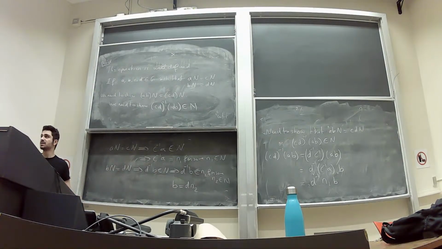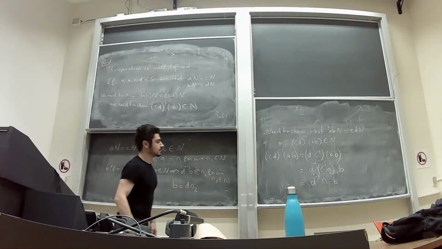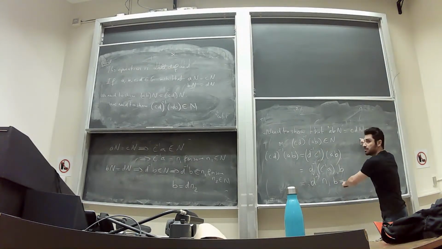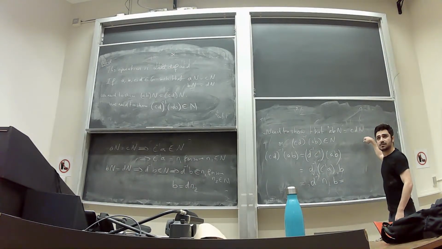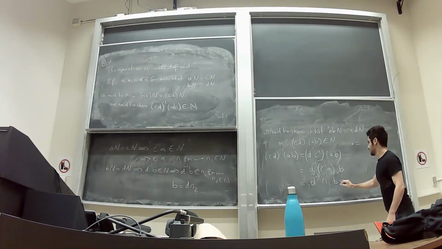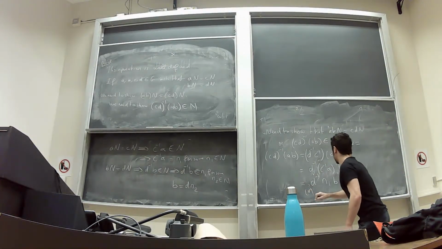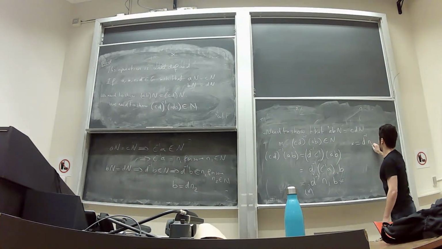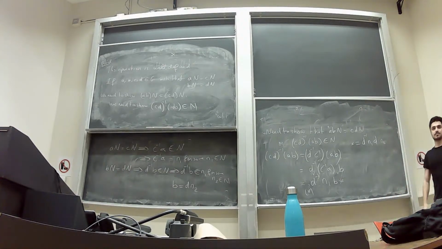B is equal to D times N2. Isn't that right? Should I write here or up? Here. B is equal to D times N2. This is D inverse N1 times D times N2. So far, so good.